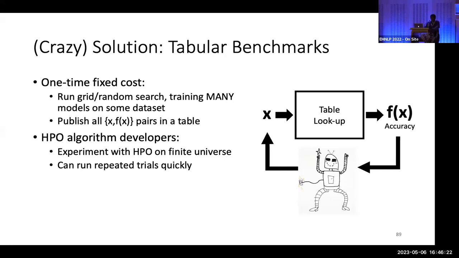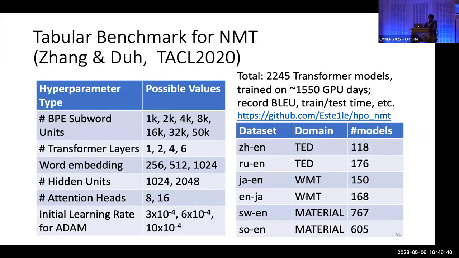So that's a disadvantage. But I think if you're interested in trying different HPO methods and you're not sure which method works best for your problem, this is one way to do it: you do this one-time fixed cost.